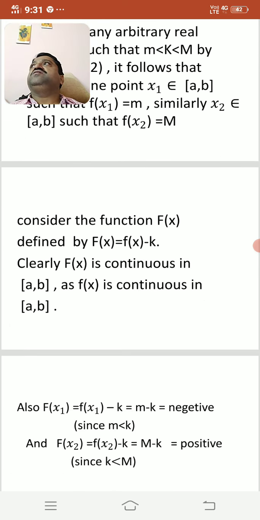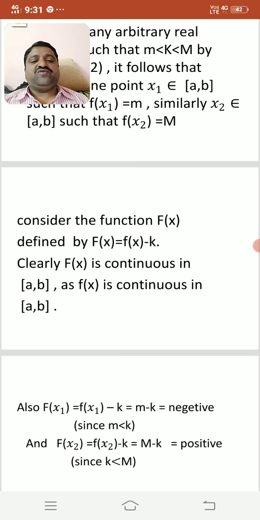Consider the function F(x) defined by F(x) = f(x) − k. Clearly, F(x) is continuous in the closed interval [a, b], as the function f(x) is continuous in the closed interval [a, b].